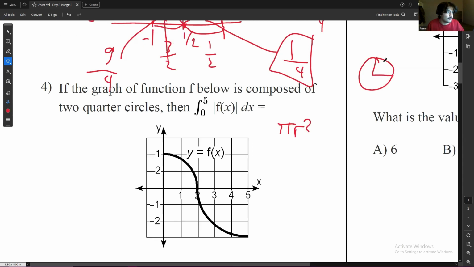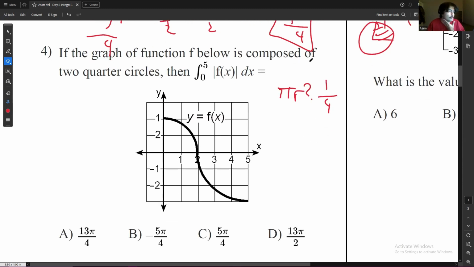If I just take a quarter of this, I'm just gonna get 1/4 of it. Quarter means 1/4. So just multiply that by 1/4. And what else? We can find our radius from here. We're not putting pi in, so we have our pi, and 1 over 4.